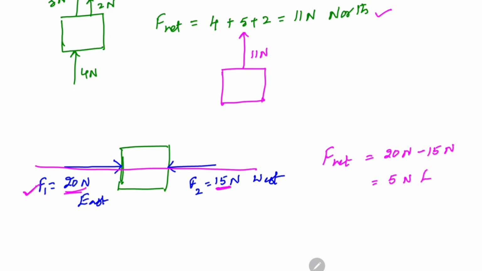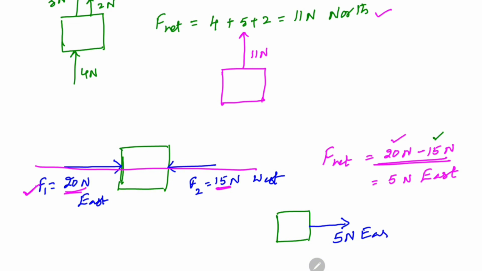So 5 Newton east. While you are subtracting also, remember that first you write the larger force and next you write the smaller force. Means from the larger force you are subtracting the smaller force. So the net force is the east. So now you can replace those two forces simply with a single force, which is 5 Newton east.